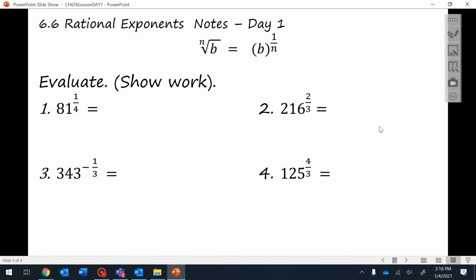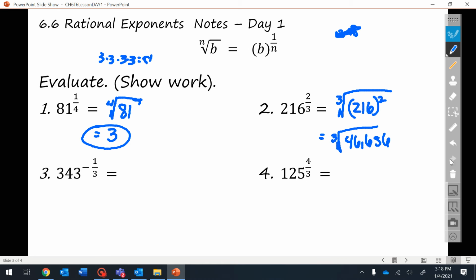And you know what? As I was looking through this, I forgot that there is another way you can write these to make it a little bit easier. As I've written this one, I've written it as 216 squared with the index like this. There is another way you can think about this: as the cubed root of 216, squared. The exponent can also be on the outside.